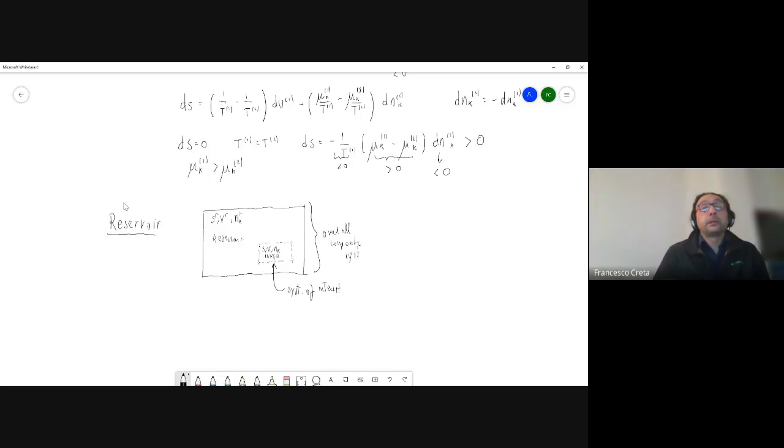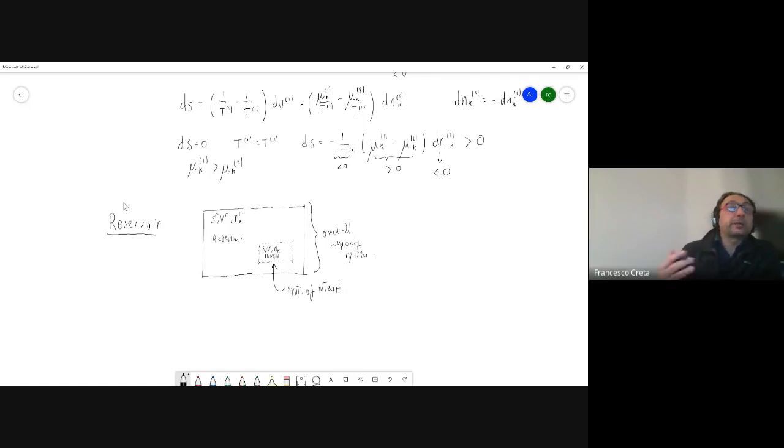So it's very similar to what we've done so far. The only difference is that it's a little trick. We're not considering an isolated composite system.